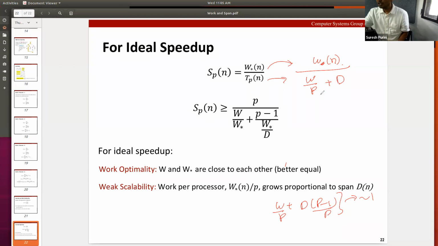Okay, let's continue this. Let's do the simplification and see what happens. I think we are doing all right.